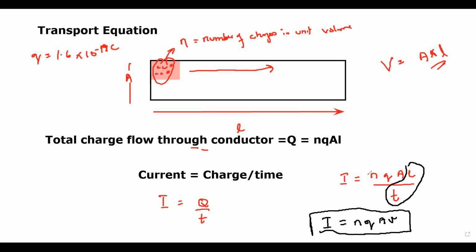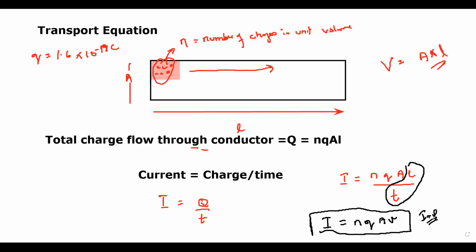Here N is the number of charges present in a unit volume, Q is the charge of one electron, A is the cross-sectional area of the wire, and V is the speed at which the charges are moving. So this is a very important equation.